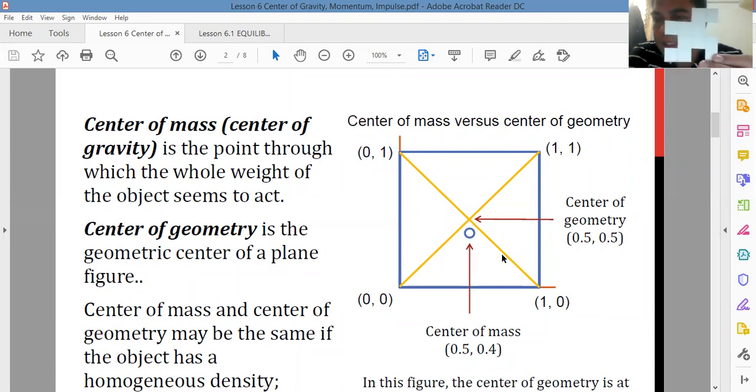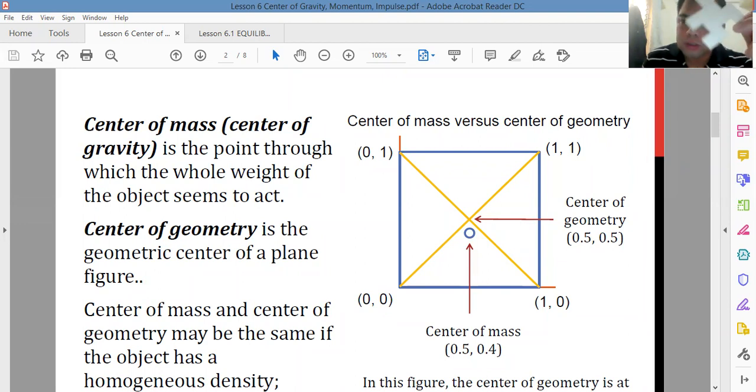We have to agree first how we position this in our Cartesian plane. You'll notice that the coordinates in the Cartesian plane will change every time we change the position of the figure. Hopefully you are seeing the one that I'm holding.